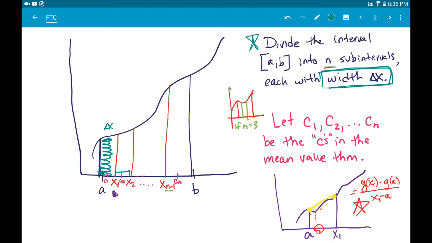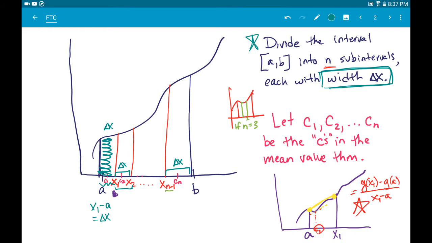That means this width is delta x, the next width is delta x, that means this width, if drawn to scale, was delta x. But if you look up here, that means that x1 minus a is delta x, and x2 minus x1 is delta x.